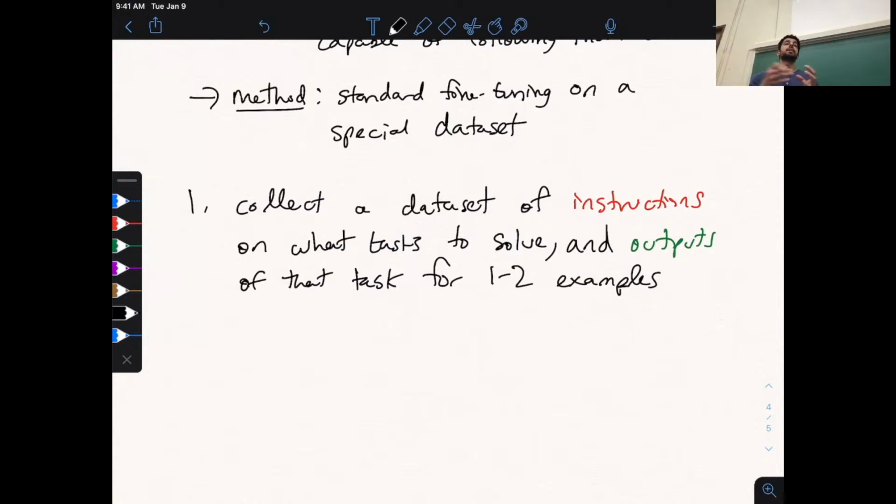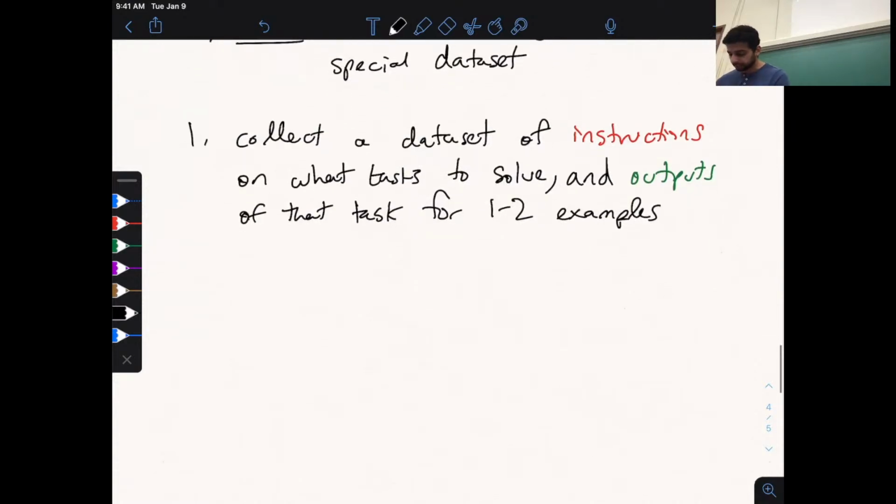So all of these inputs and outputs for different tasks are getting glommed together into one data set where the input is always the instruction for a task and the output is an example solving that task. But we are not focusing on one specific task here. We are focusing on just general ability to follow instructions. Does that make sense?